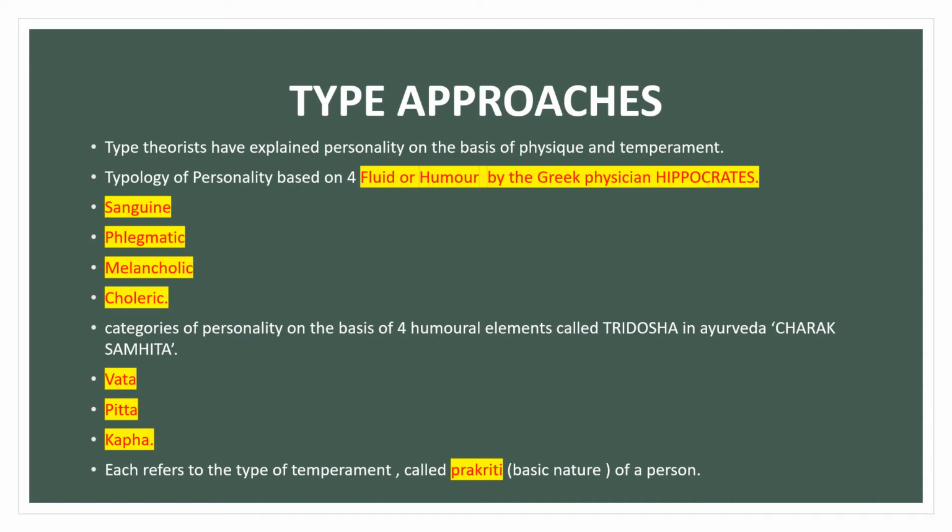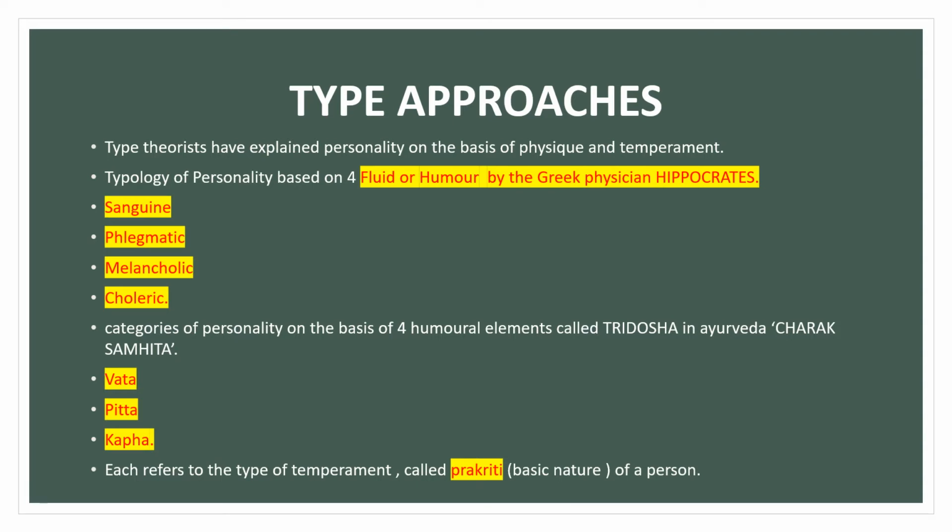If phlegmatic is more dominant, then I will be cold, calm, slow, indifferent. If melancholic is more dominant, then I will be depressed, dejected, sad, pessimistic, etc.